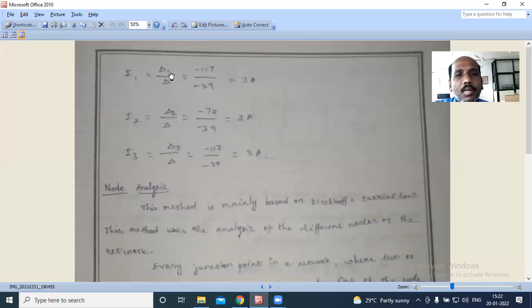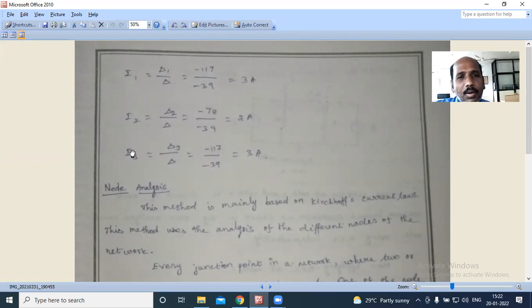Sometimes we denote this del 1 as del I1. Easily you can remember: del gets cancelled, and we get I1. So some books denote this not as del 1 but del I1. This one is del 2 or del I2. So I2 equals del 2 by del, minus 78 by minus 39. The del value is common, minus 39 always.